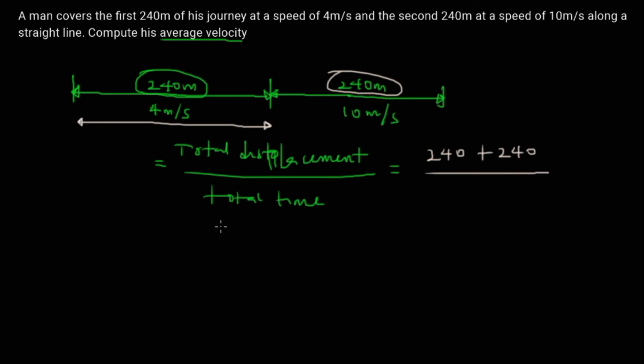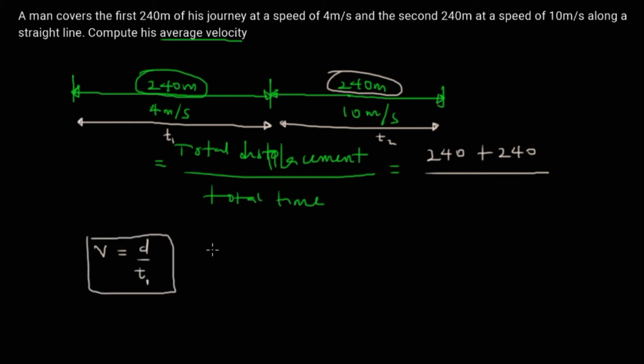In order to find the total time taken, we find the time covered from this point, let's say t1, and the time covered from this point, let's say t2. To find t1, the speed, which is 4 meter per second, has to be equal to the distance upon the time taken. So we make t1 the subject of the formula, which becomes distance upon velocity.